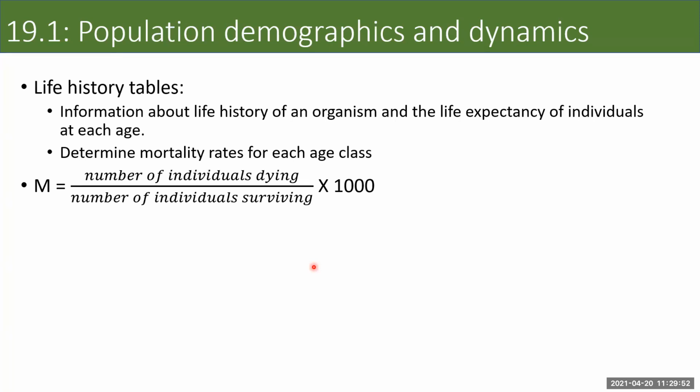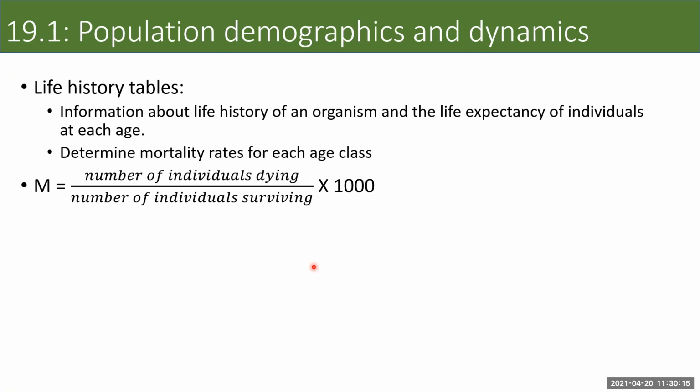So like maybe it's a plant that you categorize every age class every 3 months. So an age class of 1 would be a grass individual that's between 0 and 3 months. An age class of 2 would be between 4 and 6 months. An age class of 3 would be between 7 and 9 months, right?